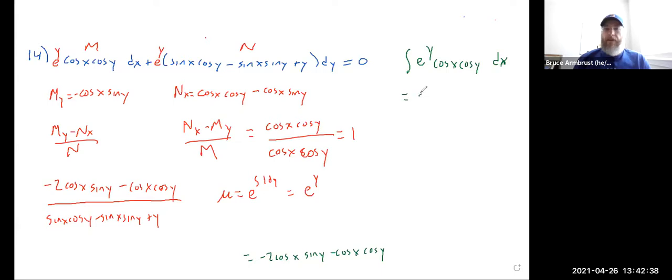So that's going to give us e to the y sine x cosine y, because all that y stuff is constant. And then, of course, we can have extra stuff that's only in terms of y. All right, and then we're going to integrate the other piece.